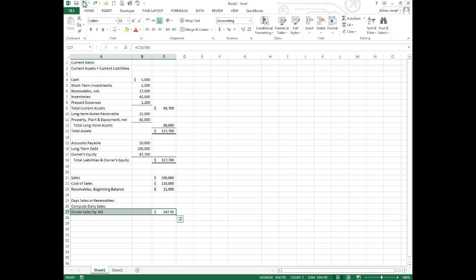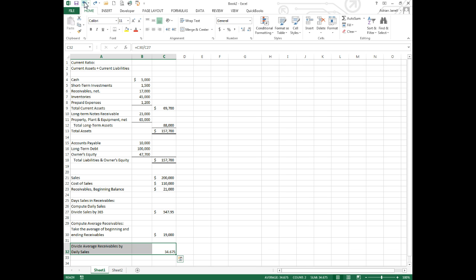Then we have to compute the average receivables by adding our ending receivables this year and ending receivables last year, which is this year's beginning balance, by the way, adding them together and dividing by 2. And that is $19,000.